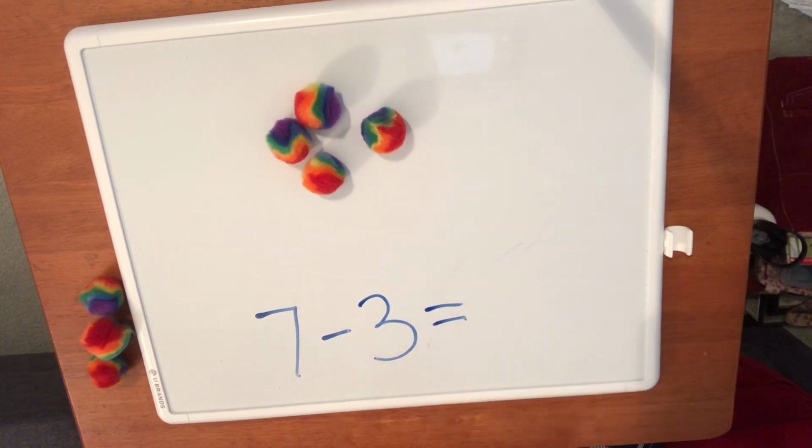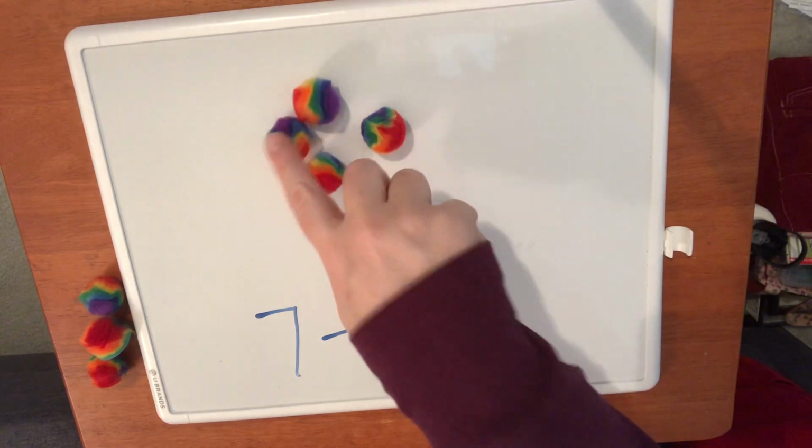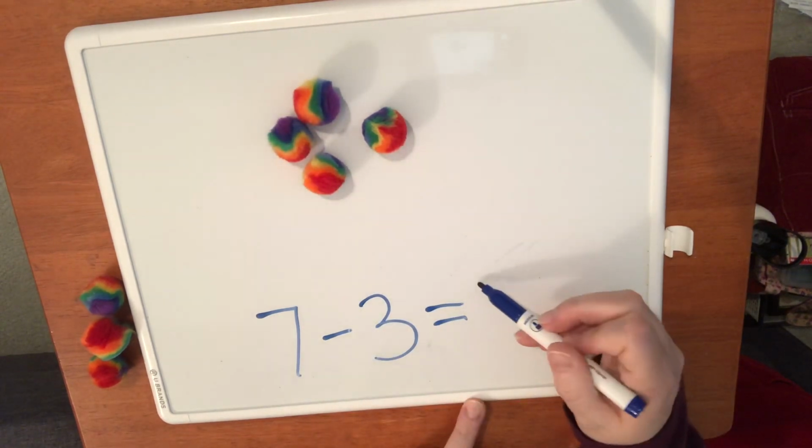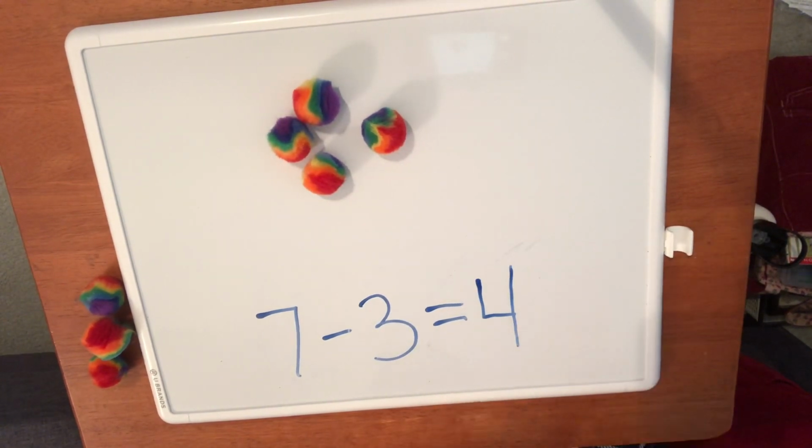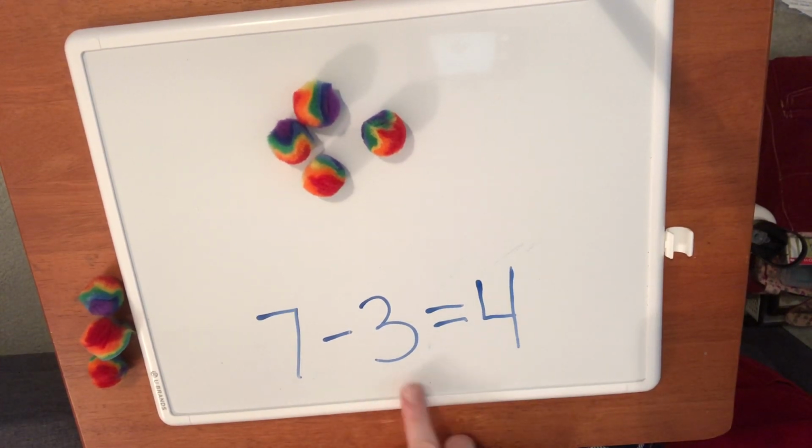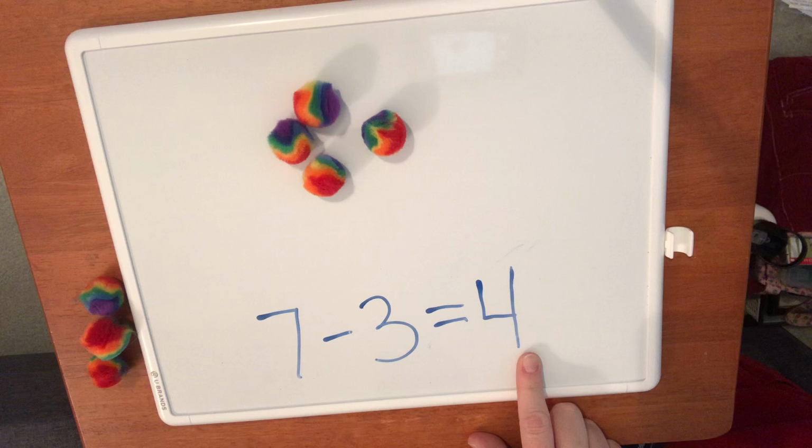How many cookies do I have left? I have 4 cookies left, because 7 take away 3 equals 4. Good.